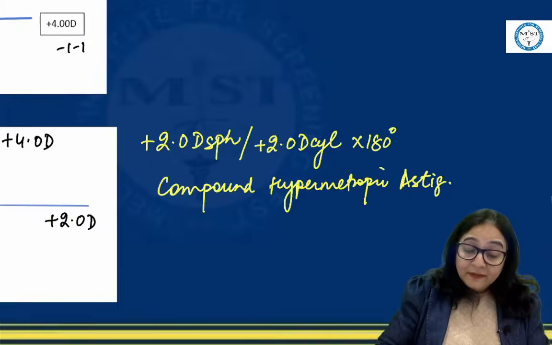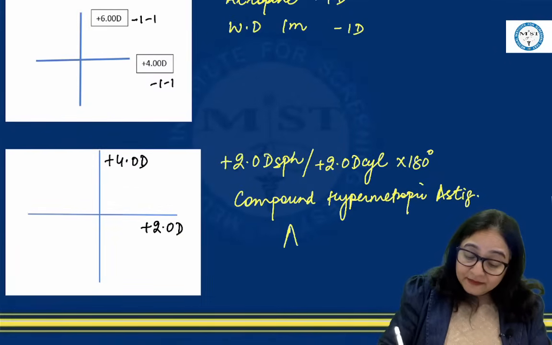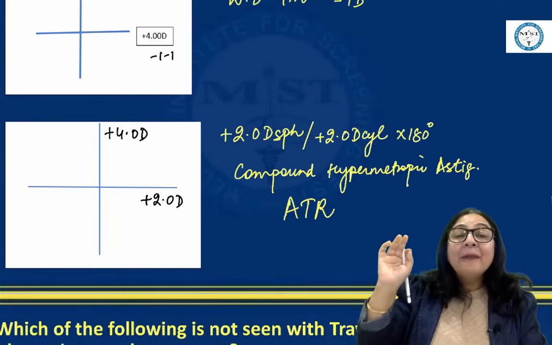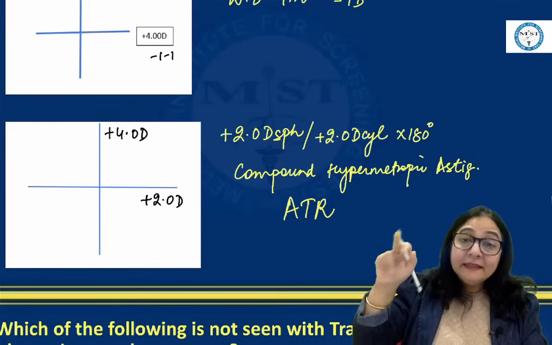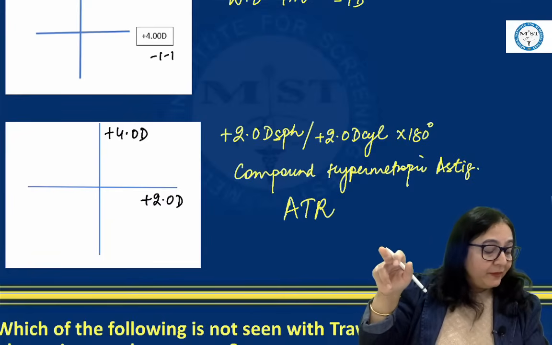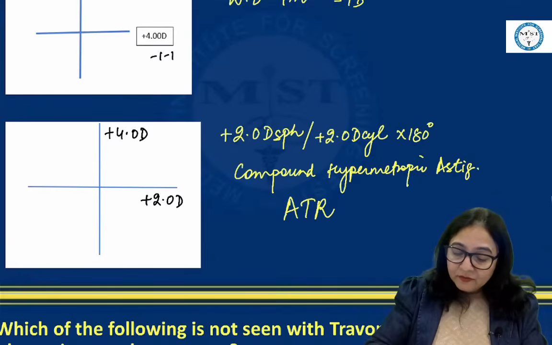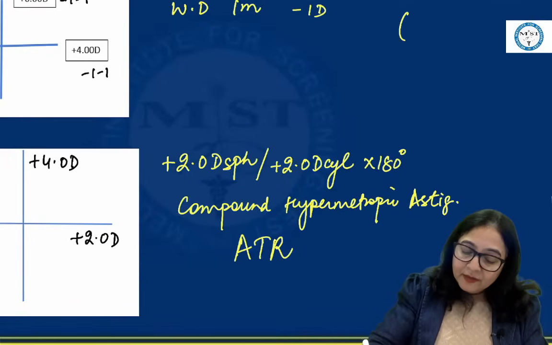The easiest thing to remember is that with the rule is when you see minus at 180 in the glass prescription. So in glass prescription, when it is minus at 180, that is with the rule.